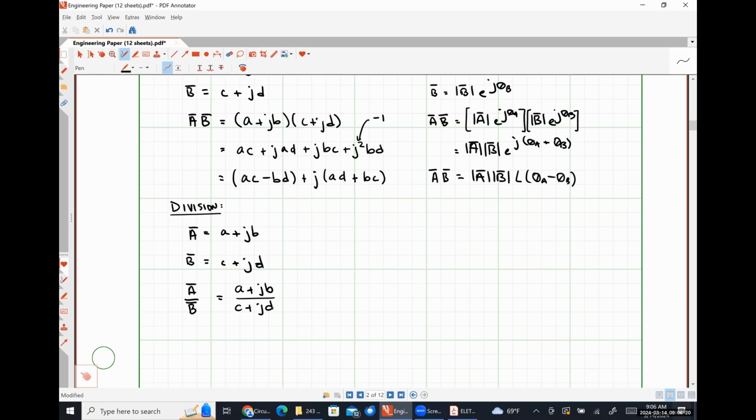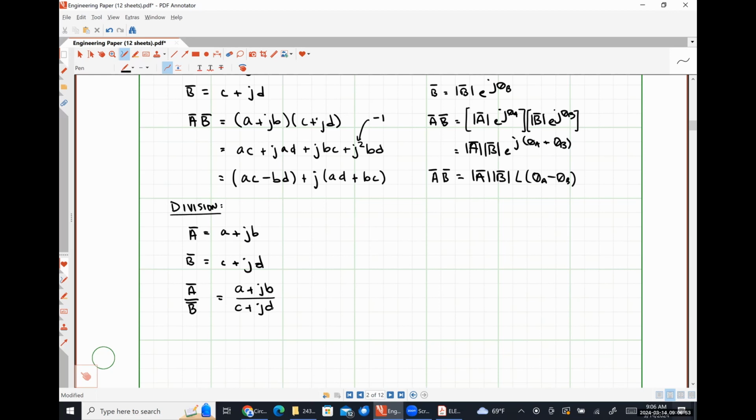When we added two rectangular form complex numbers together, we got a single rectangular form complex number. When we subtracted, we got a single rectangular form complex number. When we multiplied, we got a single rectangular form complex number. But here, when we divide, we get a ratio of rectangular form complex numbers instead of a single complex number. That seems a little wonky.